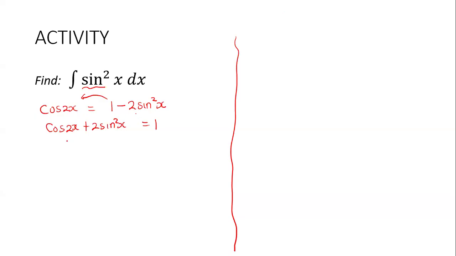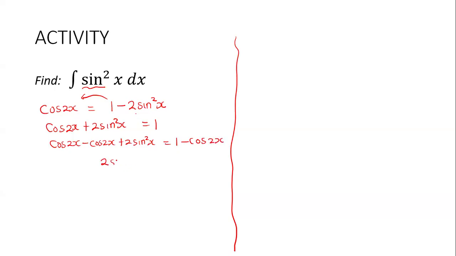Yes. Now we continue. Since I'm interested in making sine the subject, I'm also going to remove the cos 2x. So I'll say cos of 2x minus cos of 2x plus 2 sine squared of x will equal 1 minus cos of 2x.